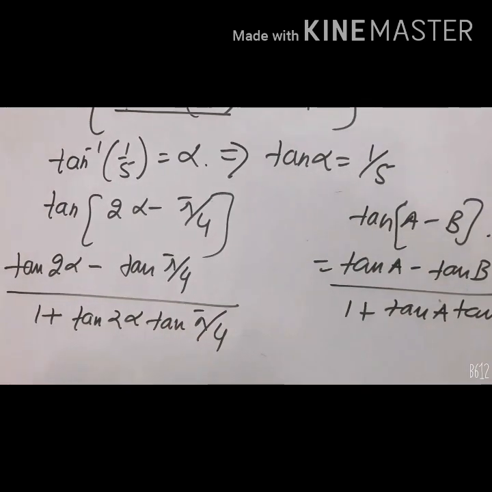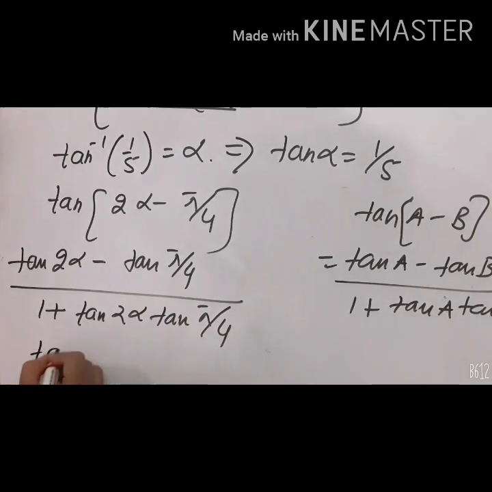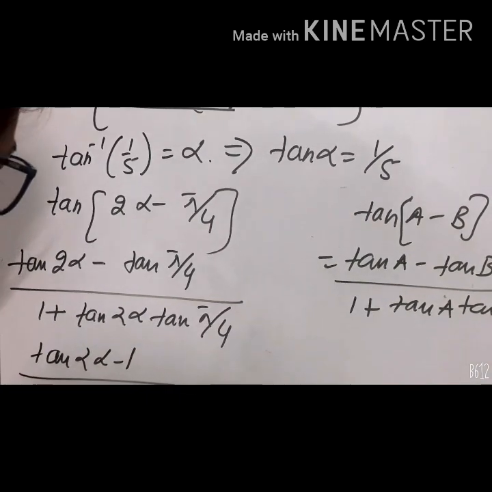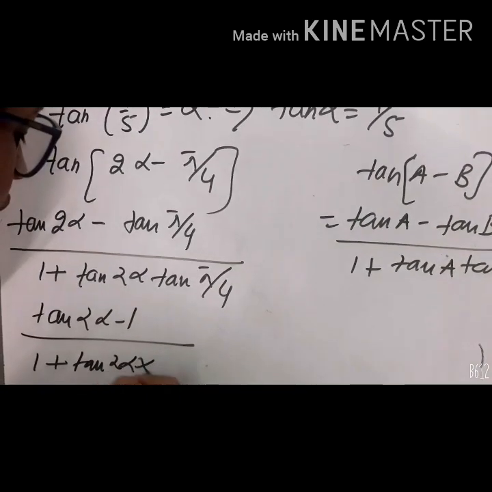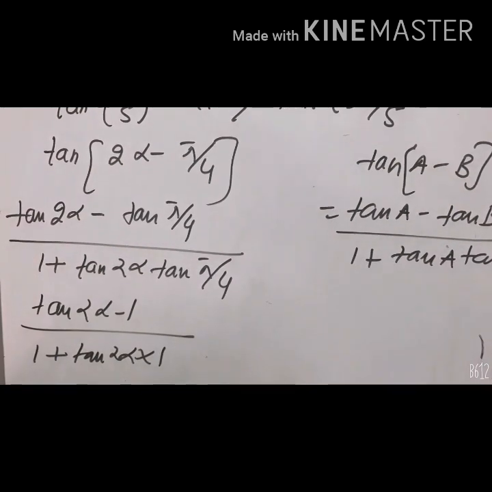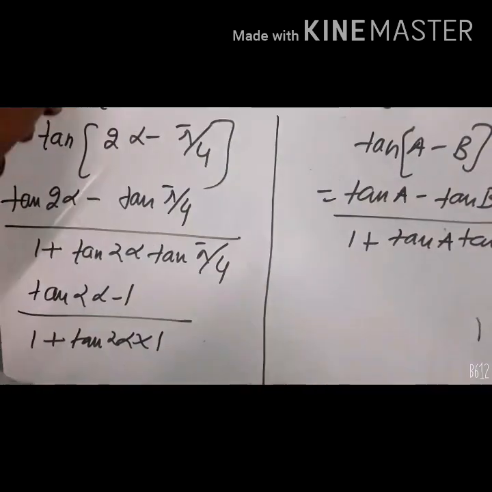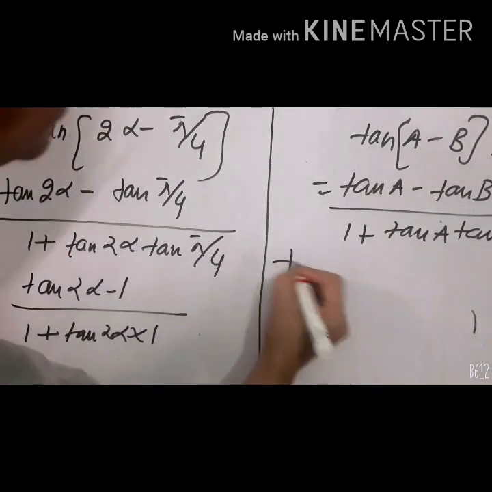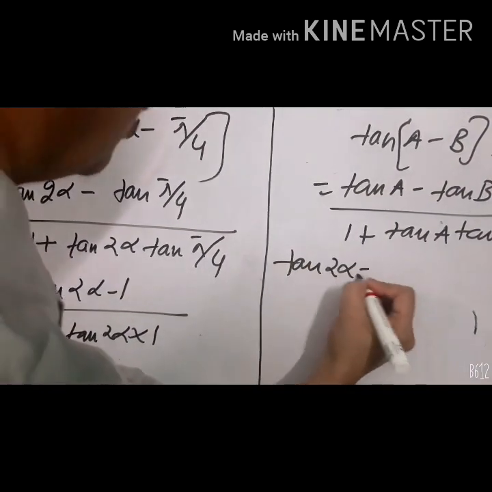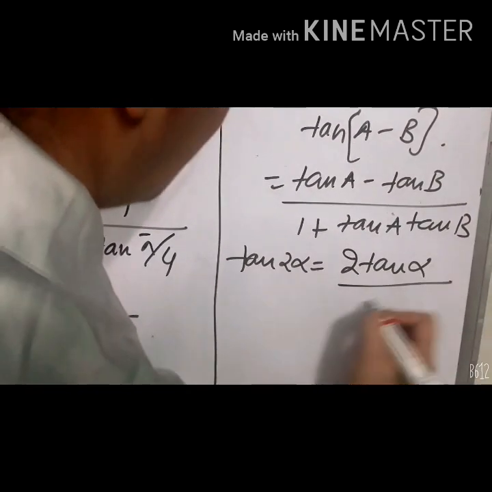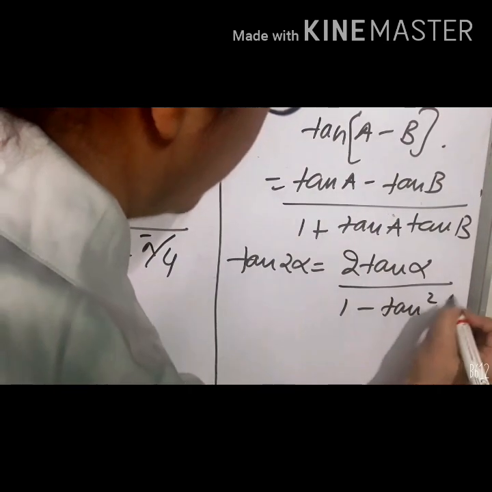Fine. What is tan π/4? 1. So (tan 2alpha − 1)/(1 + tan 2alpha · 1). But I don't have the tan 2alpha value. So what I will do, we have a formula, tan 2alpha is equal to 2 tan alpha/(1 − tan² alpha).